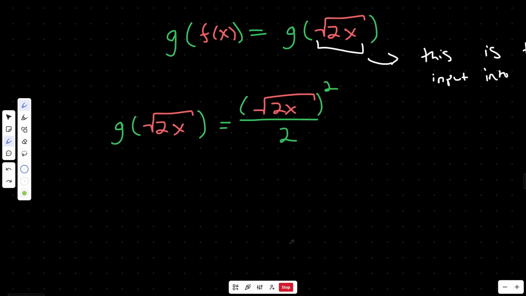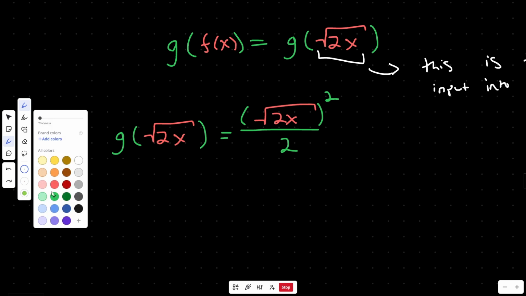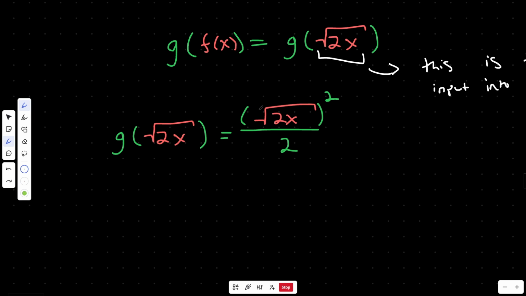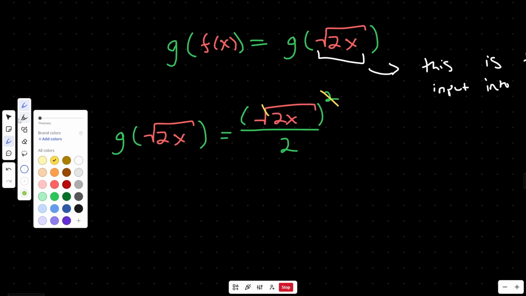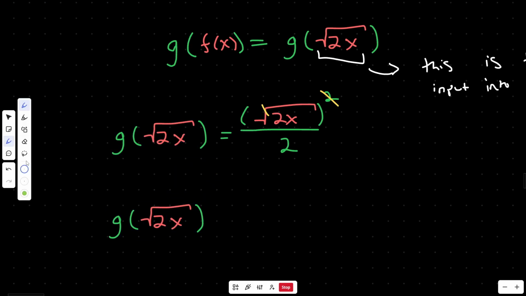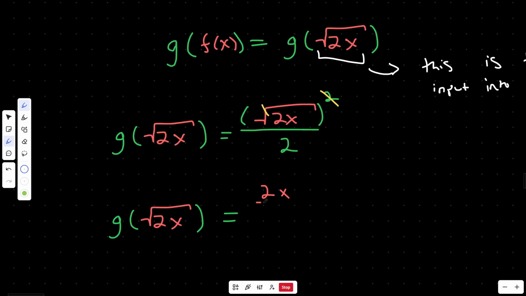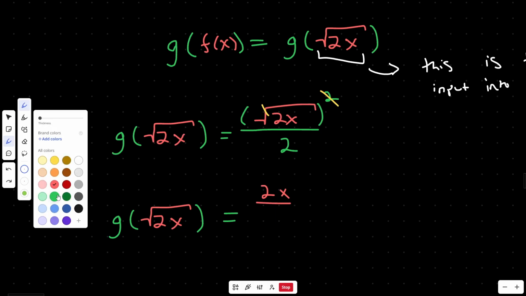So let's simplify things down now. I think we can actually cancel out the square root term here, because we're squaring everything. So that becomes canceled. We're left with just 2x over 2. And there we go. We can cancel out the 2 even.